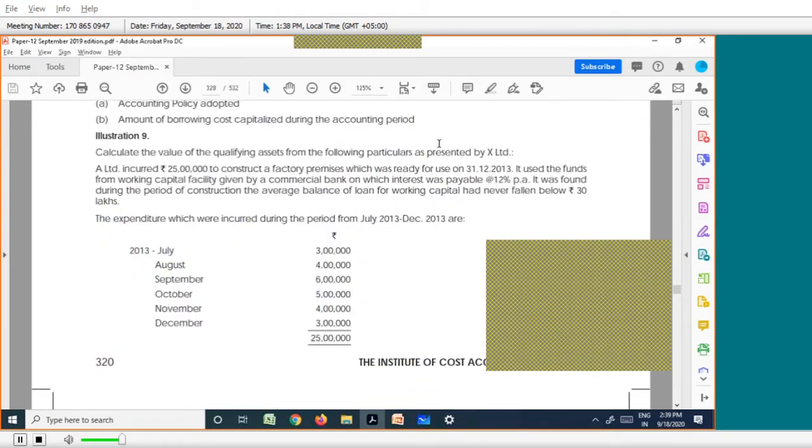So this is the utilization, meaning they are withdrawing from the bank, from the loan account. Monthly they are utilizing 3 lakh, 4 lakh, 6 lakh, 5 lakh, 4 lakh, 3 lakh from their CC account.